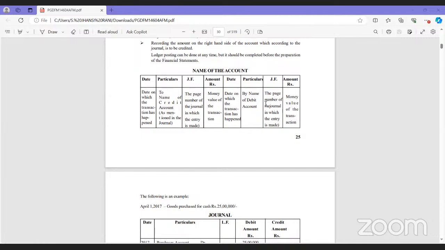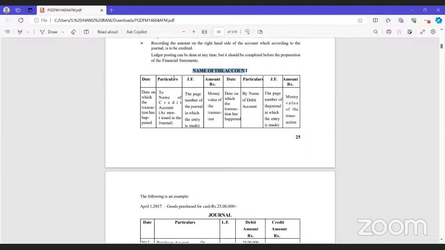Don't take the written part, only this is the format. Name of the account means any name. For example, cash account, I will write cash account. So this is the cash account. We write like this.